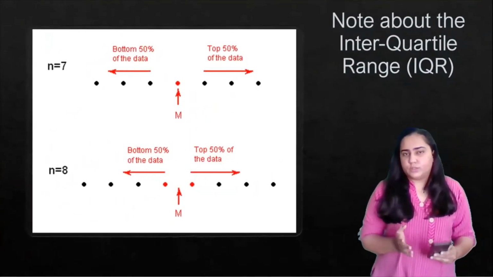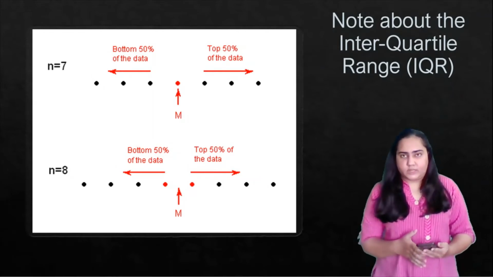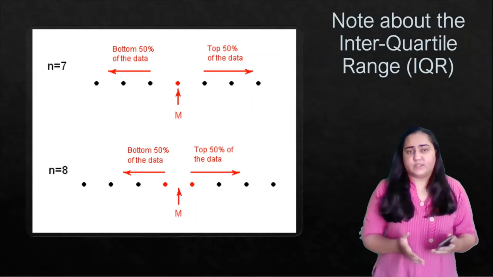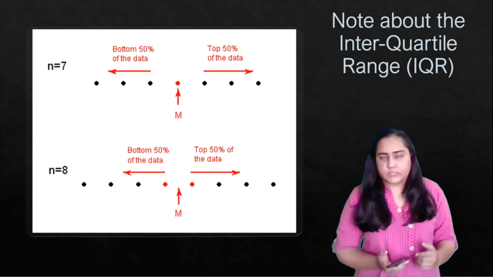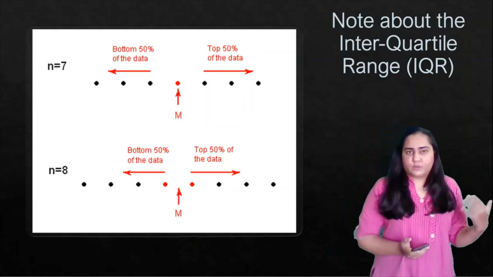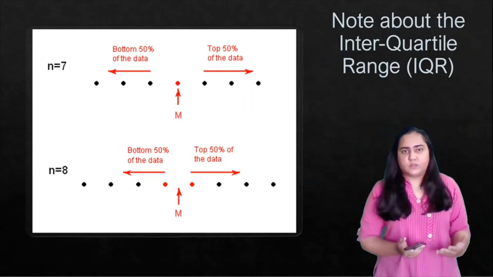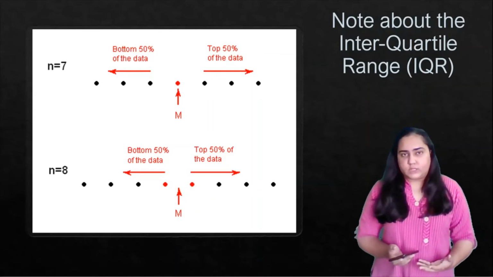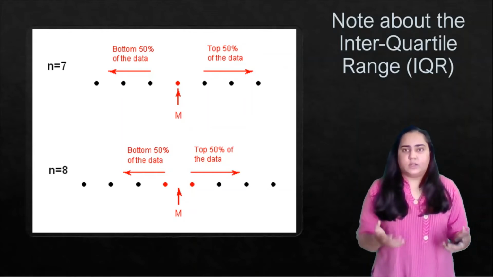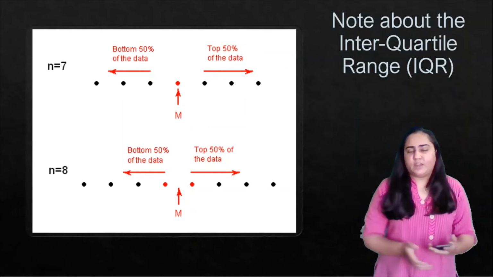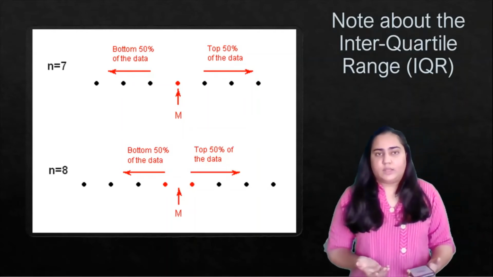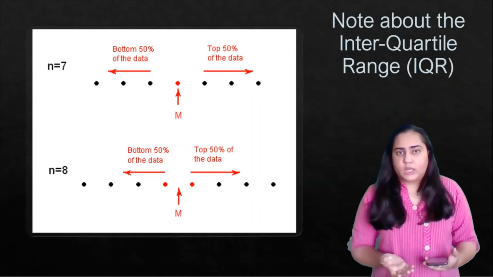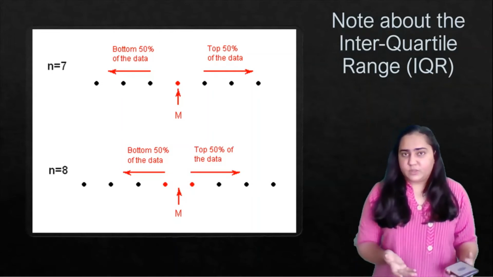One thing you would want to note is how the data is actually divided. It depends on the median. We know that when we find the median, the calculation slightly varies based on whether you have an odd number of data items or an even number of data items. If you have n equal to 7, then the median is the fourth observation, and your data set is divided there.